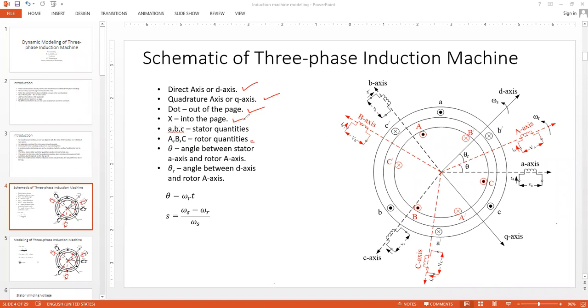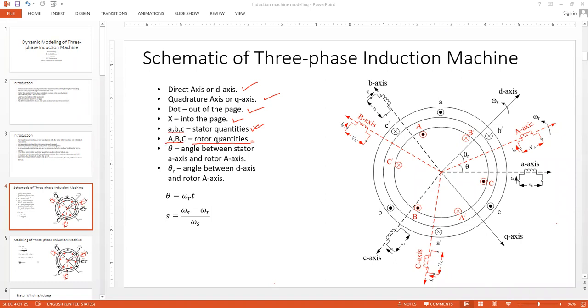ABC, again, these are stator quantities because we have three phase. So the small abc are the representatives of the stator quantities. The capital ABC, however, are used for representing the rotor quantities. Again, rotor three phase, I'm talking about one rotor configuration. So we are talking about physical coils, three-phase coils. Again, capital A, B, and C are related to the rotor quantities.